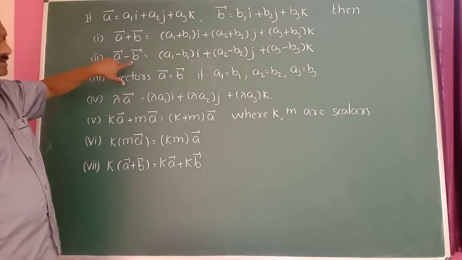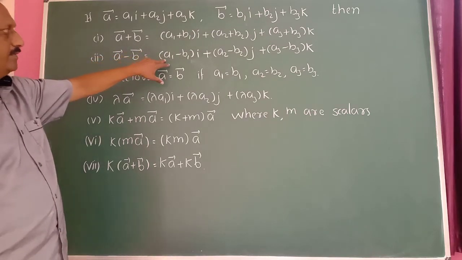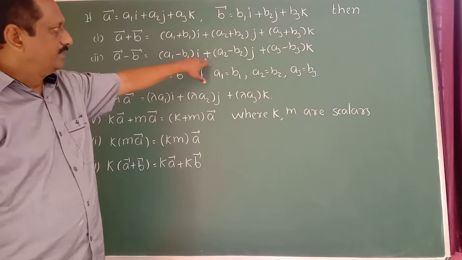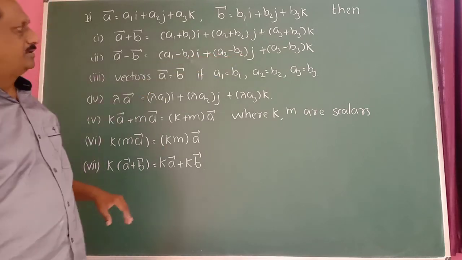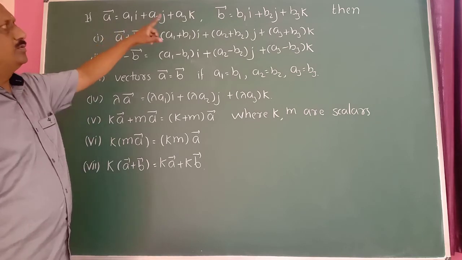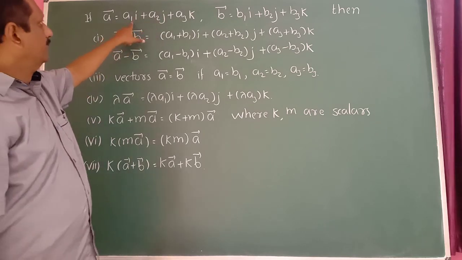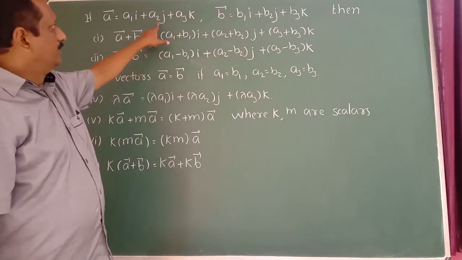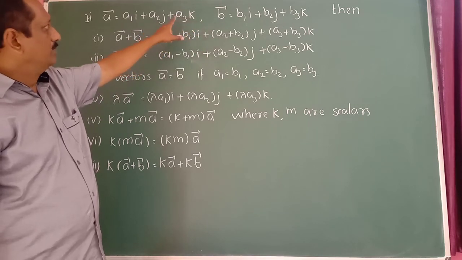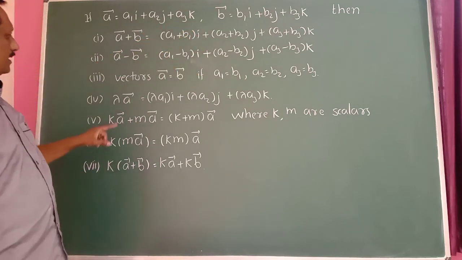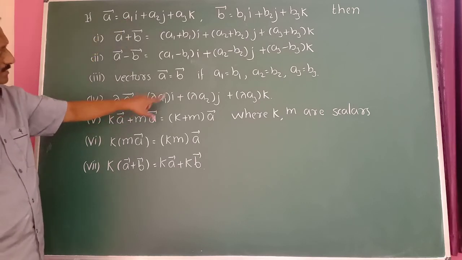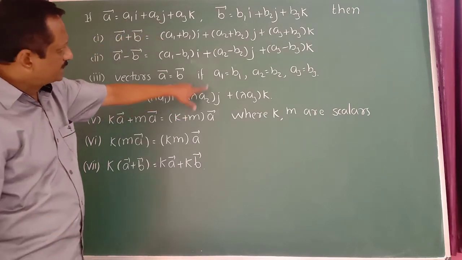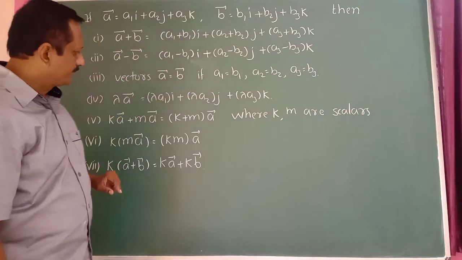Similarly, subtraction of two vectors is (a1 minus b1) i plus (a2 minus b2) j plus (a3 minus b3) k. And these two vectors are equal only when a1 is equal to b1, a2 is equal to b2, and a3 is equal to b3. And lambda into the vector a bar is given by lambda a1 into i plus lambda a2 into j plus lambda a3 into k.